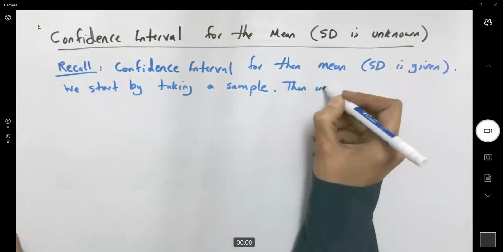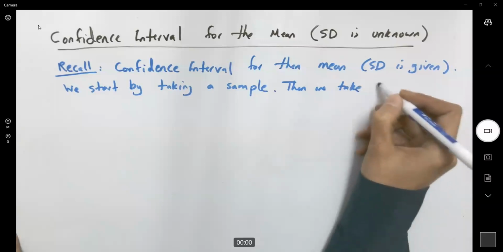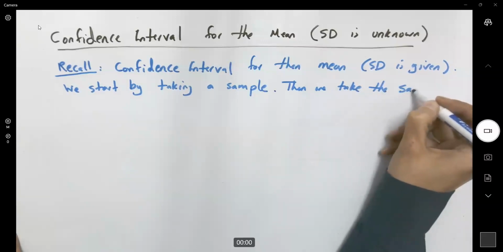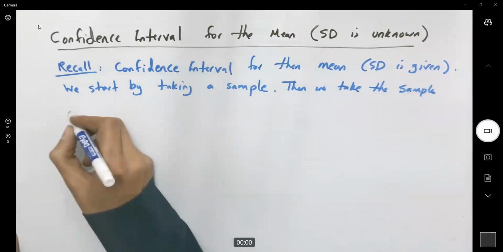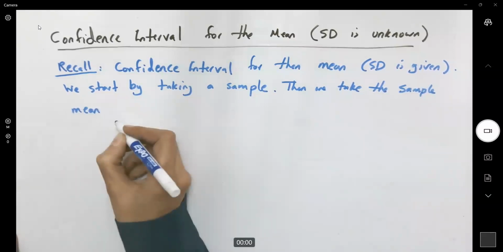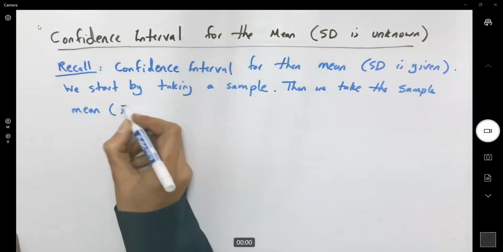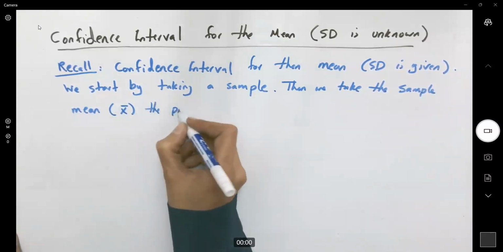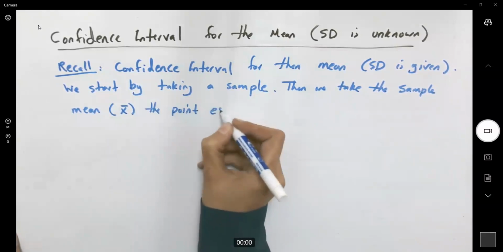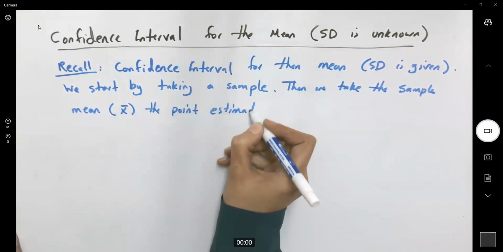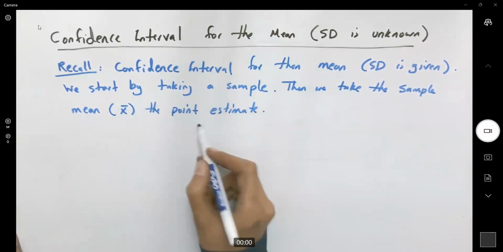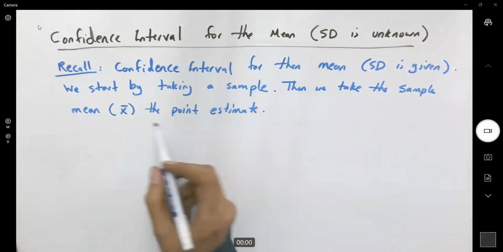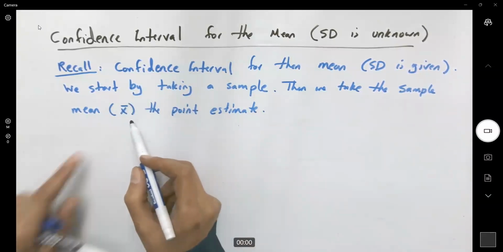Then we take the sample mean, or X bar, and we call this the point estimate, which was the most unbiased estimation for the mean.